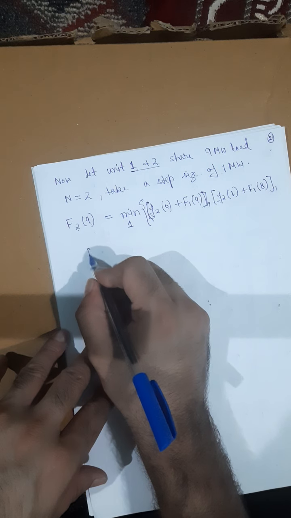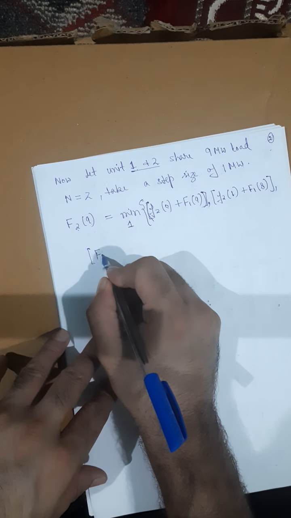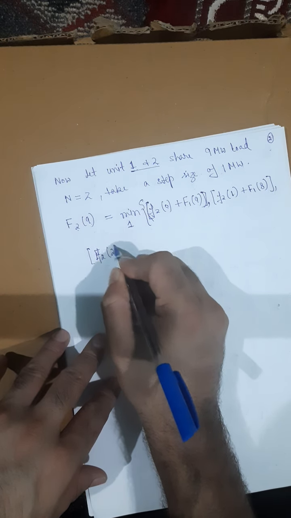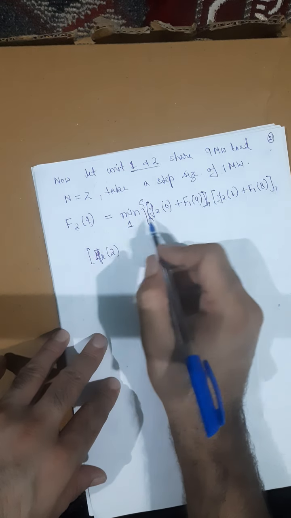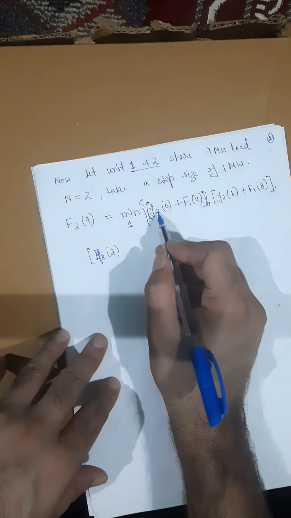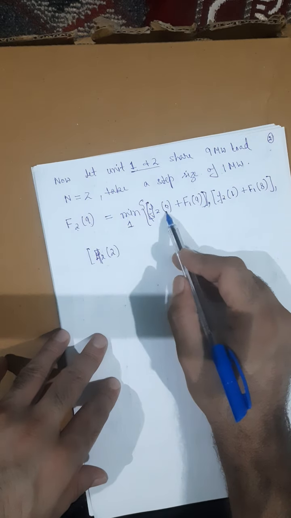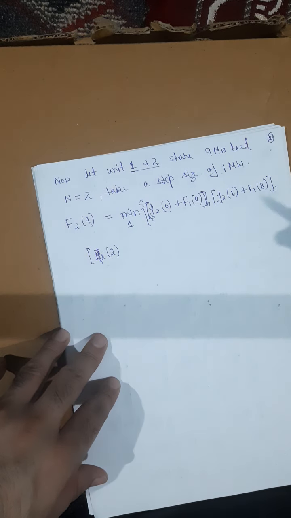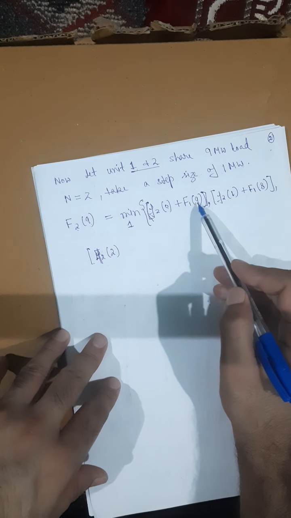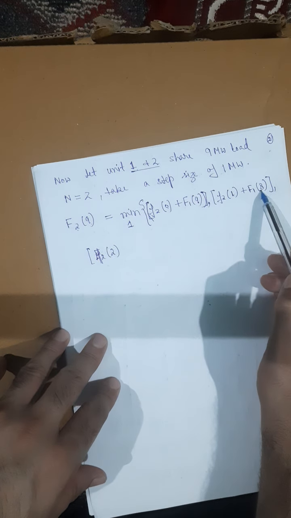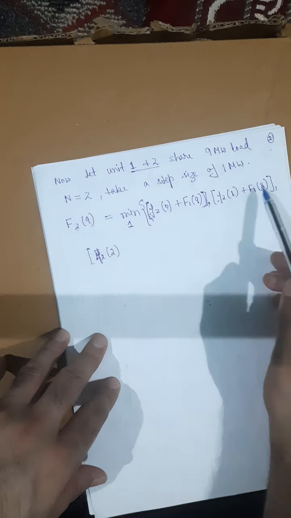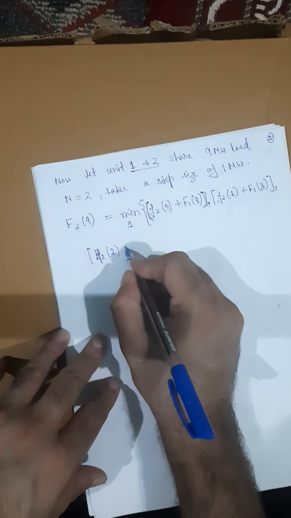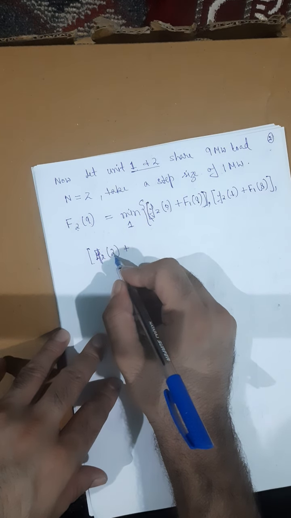What is the third possible combination? The second unit will take 2 megawatt, because each time I am increasing the load supplied by unit number 2 by 1 megawatt. Here 0, here 1, here 2, I increase by 1 megawatt, and here I decrease by 1 megawatt: 9, 8, because then only 9 plus 0 is equal to 9, 8 plus 1 is equal to 9. So then only I will get 9 megawatt. The second unit is supplying 2 megawatt, so how much is remaining? 9 minus 2, 7.